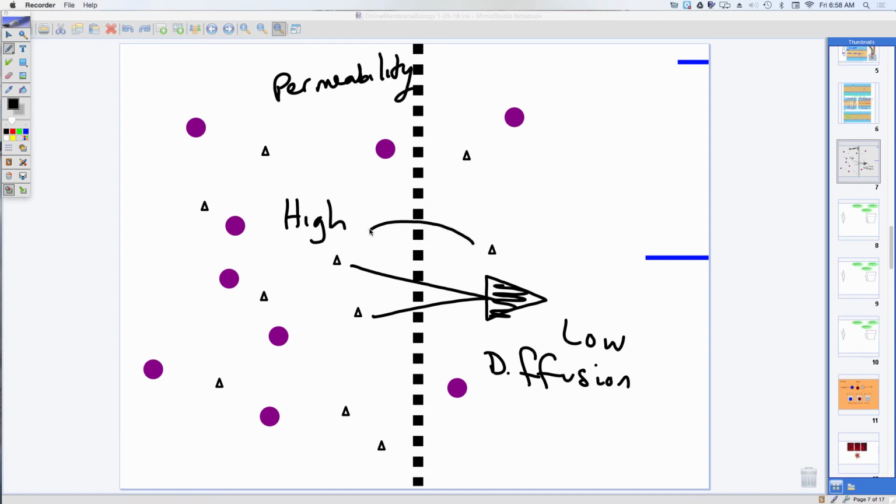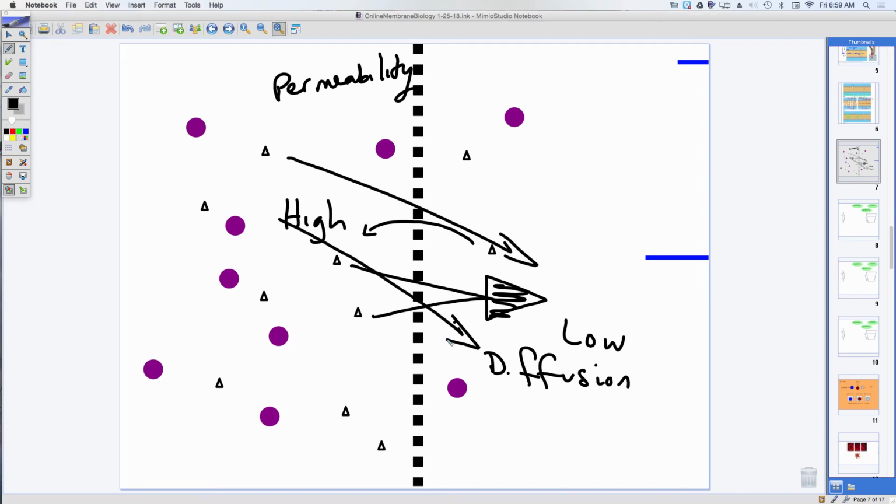It's just that fewer of them travel from right to left than travel from left to right. So we get lots of triangle movement on this side and only a little coming back.